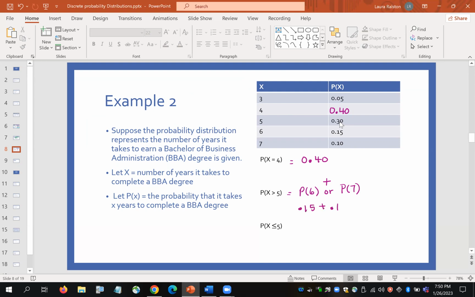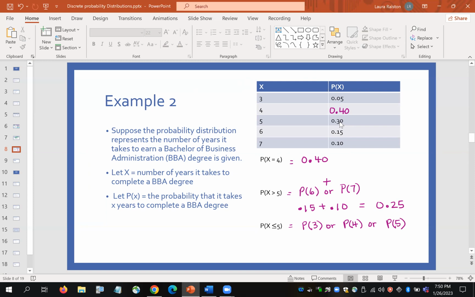This is just an additional example that I have here on the PowerPoint. Less than or equal to 5 in this scenario would be 3 or 4 or 5.